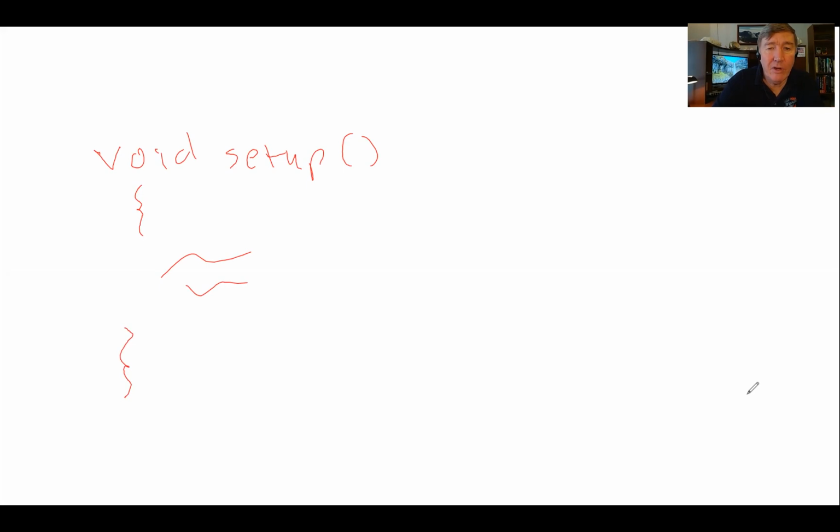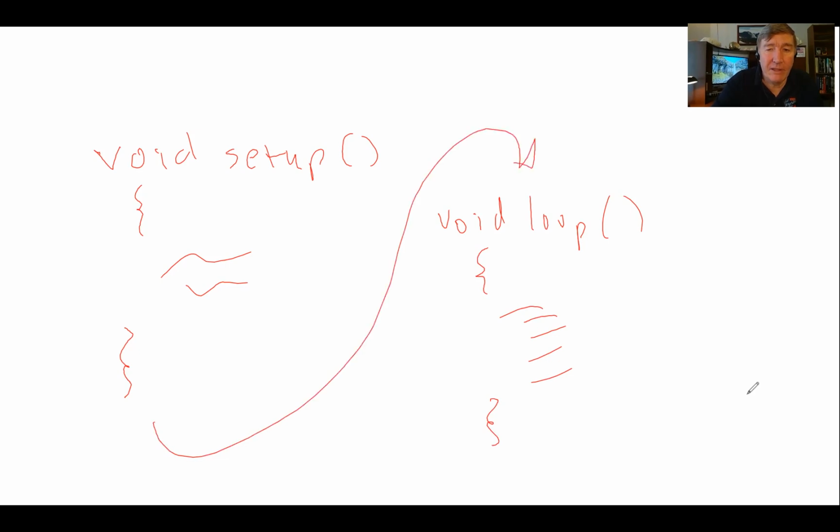And then down below that, there's another part where it says void loop, open parenthesis, close parenthesis, open bracket, and then there's all the stuff that goes in the loop part of the code, and then close bracket. Okay, so the void loop follows the void setup.